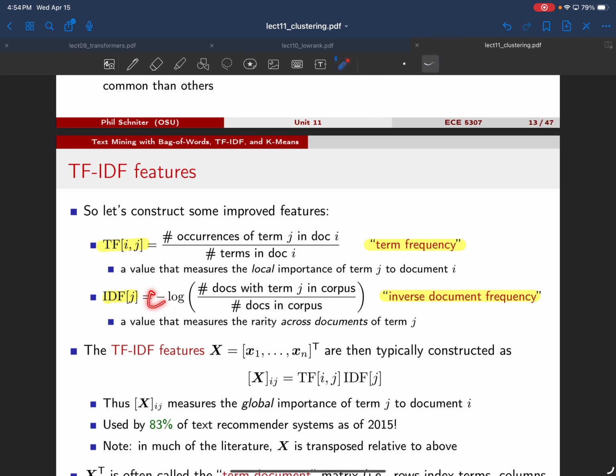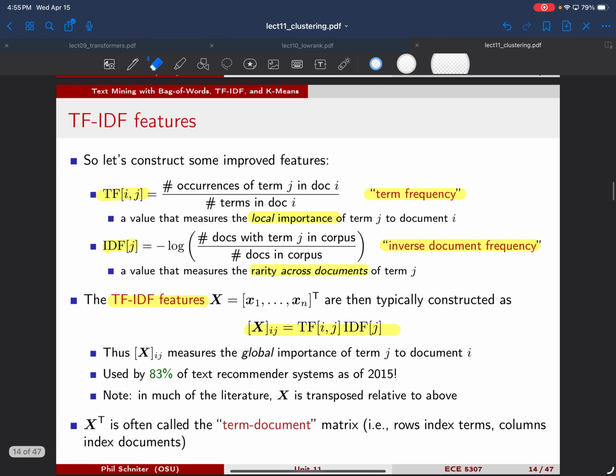The negative is the same as inverting this, which is why it's inverse document frequency. And the log is just to squash the range, because these numbers can span many orders of magnitude otherwise. So you have these two building blocks, and finally, you just multiply them together to get the TF-IDF features. So you've tried to normalize for document size and for how rare words are across documents.